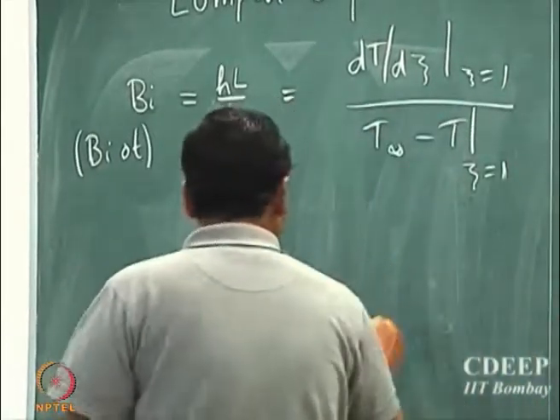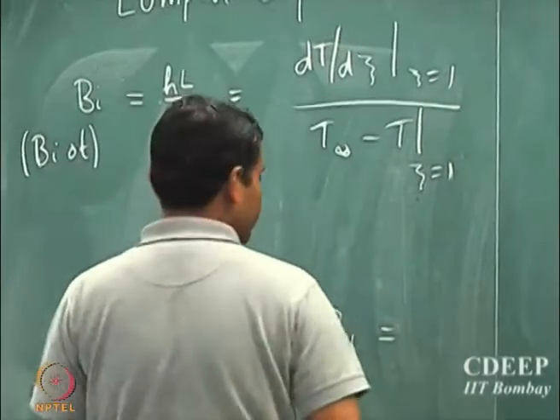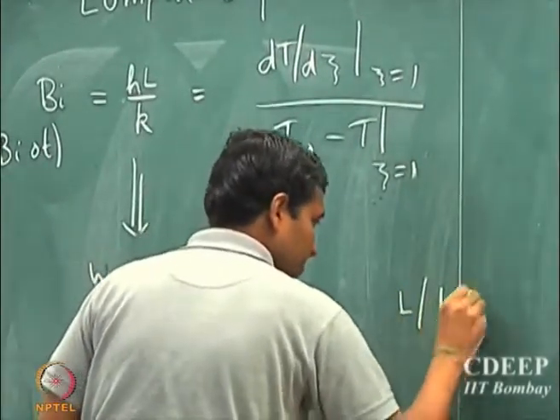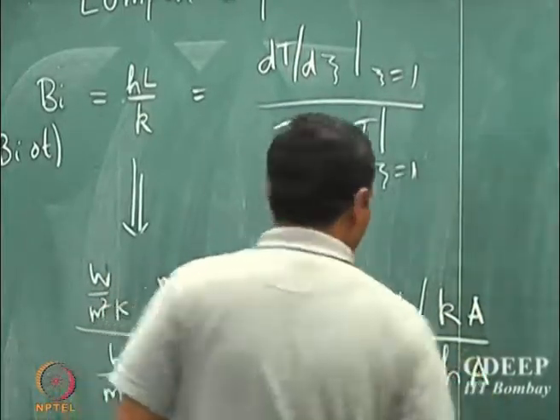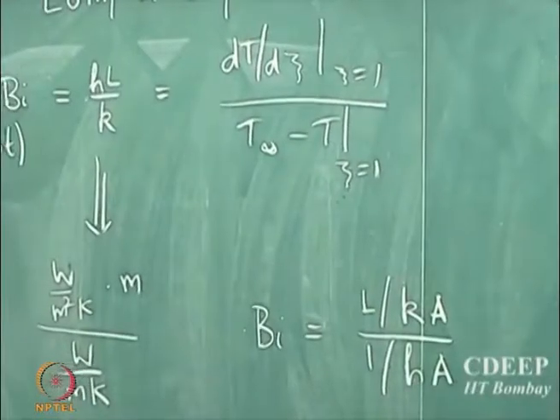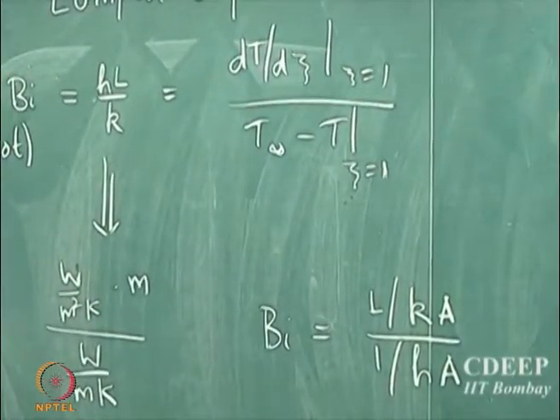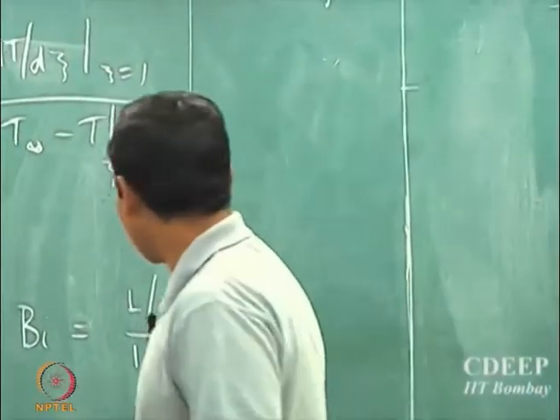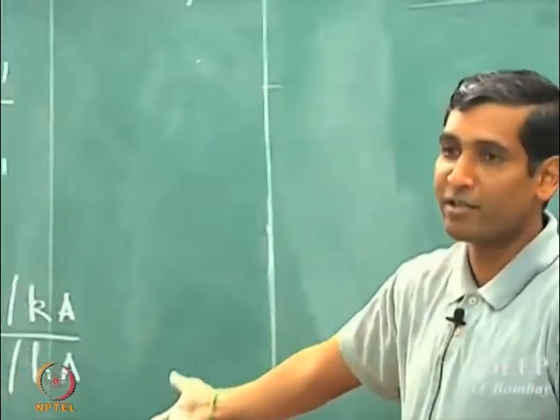Okay. So we could rewrite this Biot number as L by kA divided by 1 by hA. Okay. So all I have done is multiply the cross sectional area, at which the heat transport is occurring from the solid to the fluid, in the numerator and denominator, and I have just manipulated the expressions.